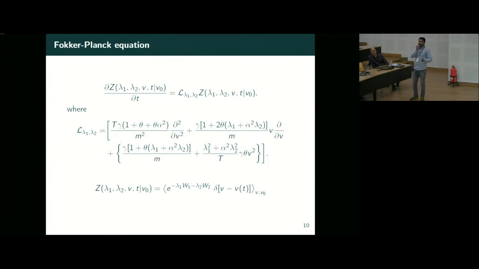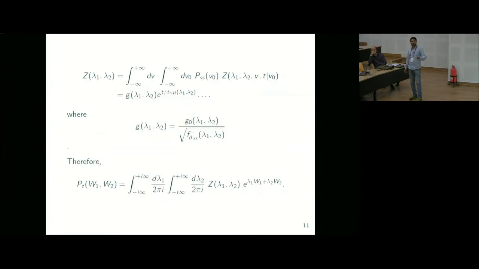A beautiful thing is that you can exactly map this equation onto a quantum harmonic oscillator whose energy eigenvalues and energy eigenfunctions you know exactly, and then you know the exact solution for all time. But we are interested in the large time solution, so we take the large time solution, put it here, and perform the integral over final velocities and the initial steady state distribution.